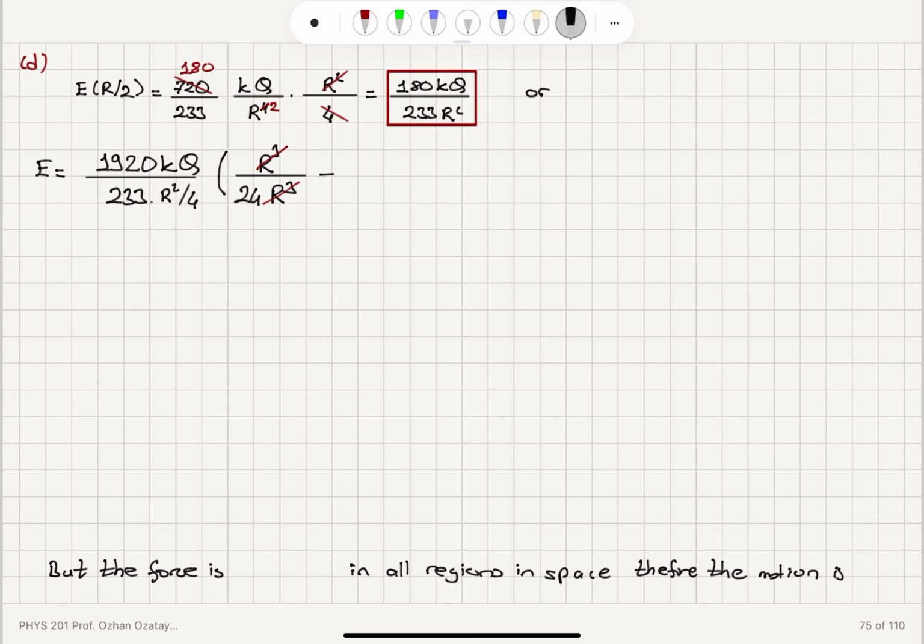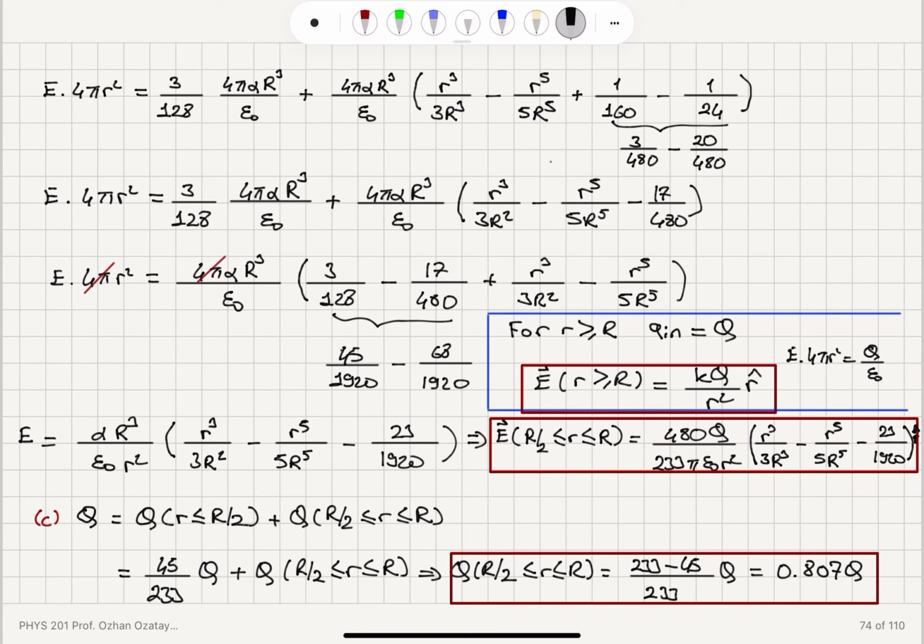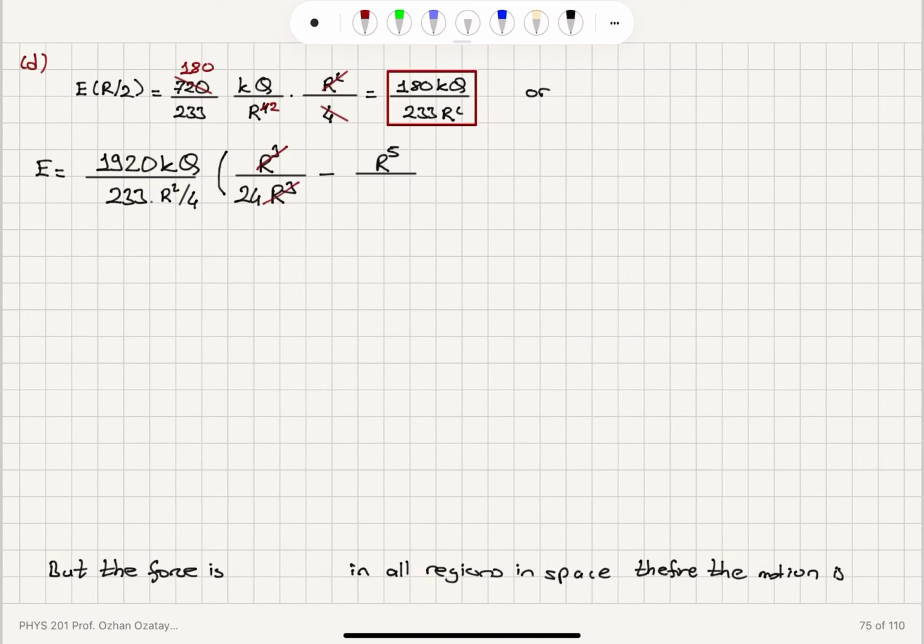This will give me capital R to the 5 because it's capital R over 2 here. 2 to the 5th power is 32, multiplied by 5 gives me 160, so this will be 160 capital R to the 5th power. So they will cancel.